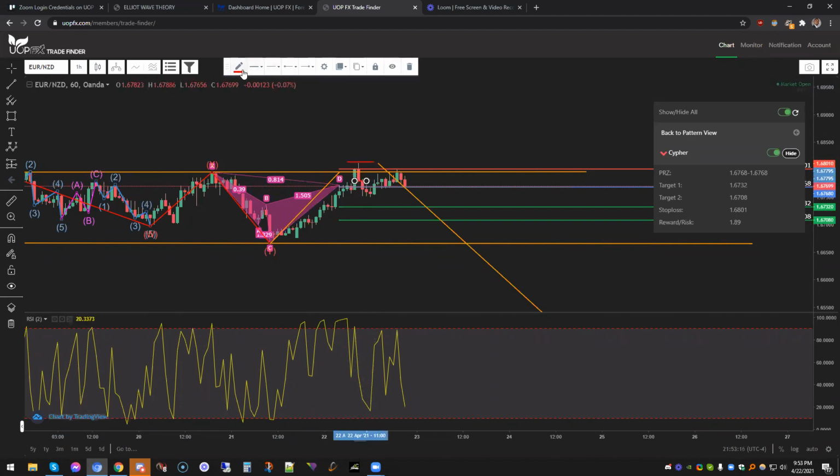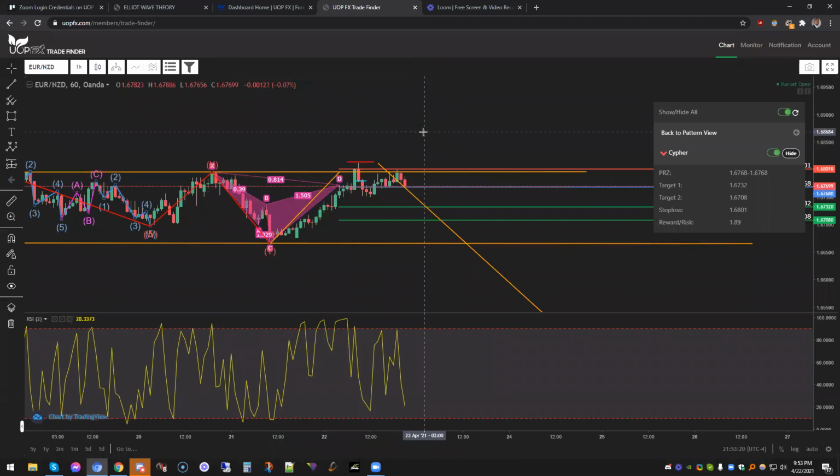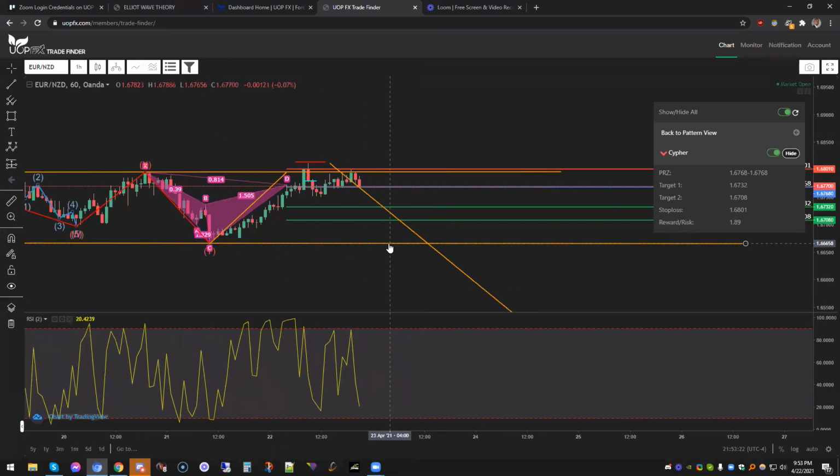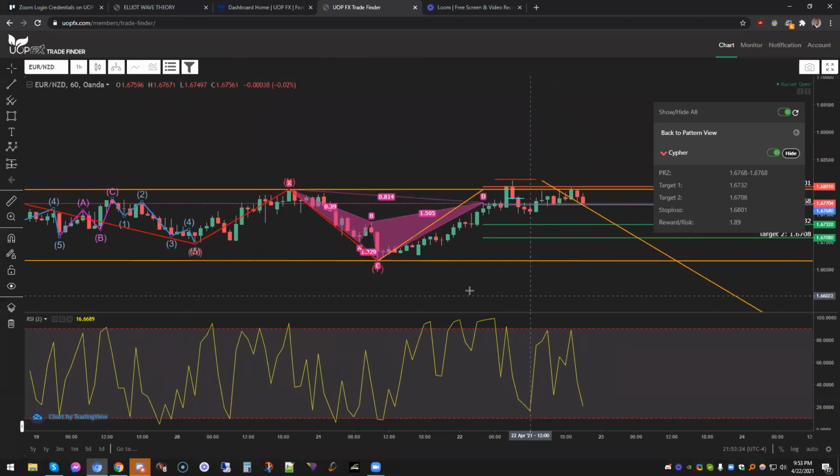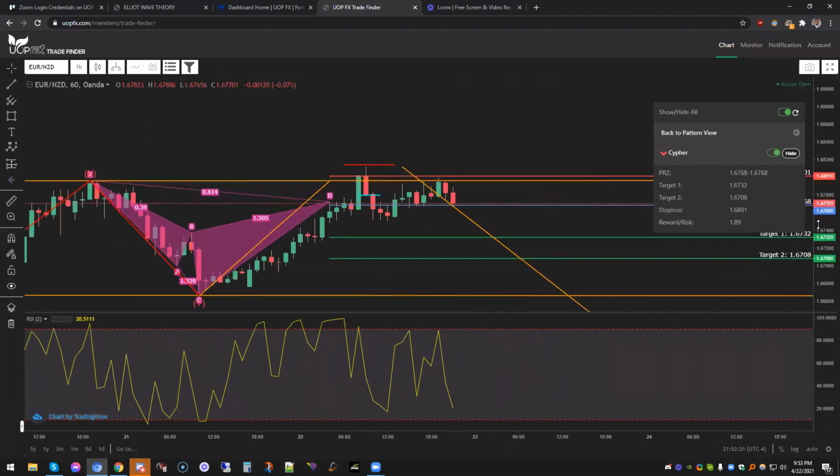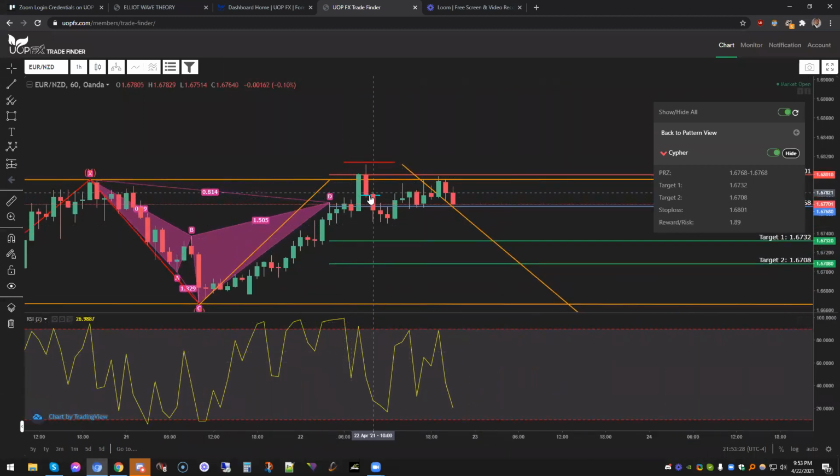I'll make this line blue, right? Let's make it a bit bigger. Right, so your entry would be here on the close of the red bar, and your stop goes just above the swing. Okay?